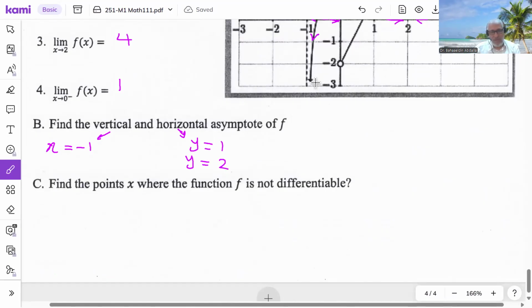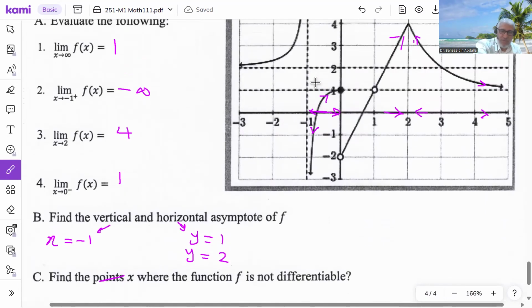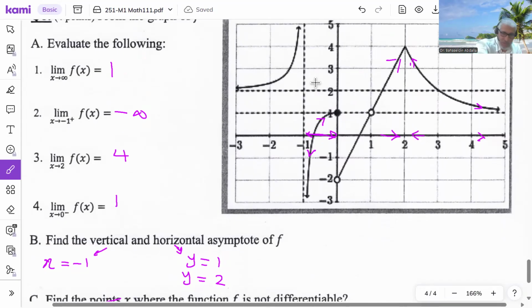Find the values of x. This should be find the values of x where the function f is not differentiable. The function f is not differentiable if it is not continuous. So at -1, there is a vertical asymptote. The function is not continuous.